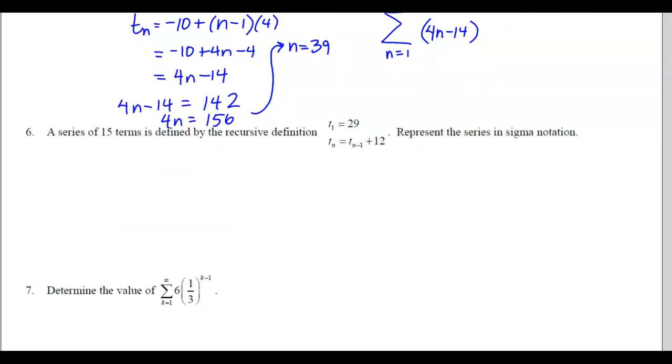It looks to be arithmetic because you keep adding. But let's find, so the first term is 29. Okay, so we'll call it a series right now. These are the terms, so plus, and then 29 plus 12, that's 41. Yeah, so this is arithmetic.